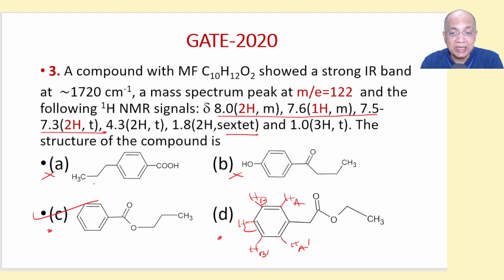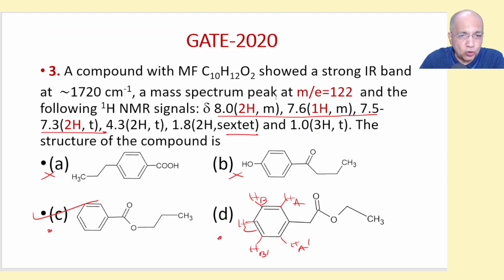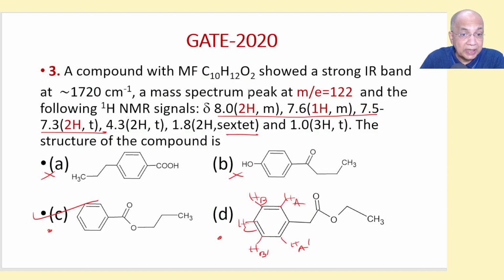But for me, I'm interested to revise some of your study on NMR. So I have given a detailed explanation that there cannot be any COOH because there is no broad peak centering around 3000 cm⁻¹, and 1720 cm⁻¹ is a carbonyl group bonded to a benzene ring, and it is an ester, not a carboxylic acid.